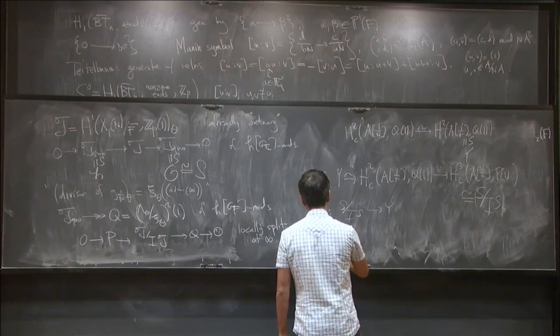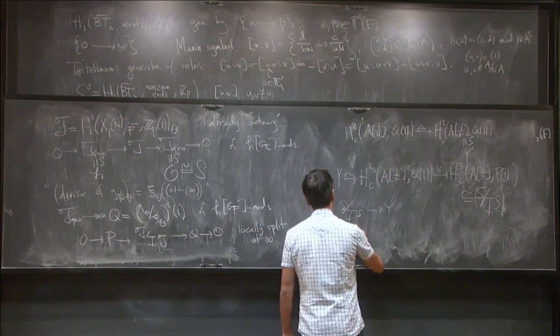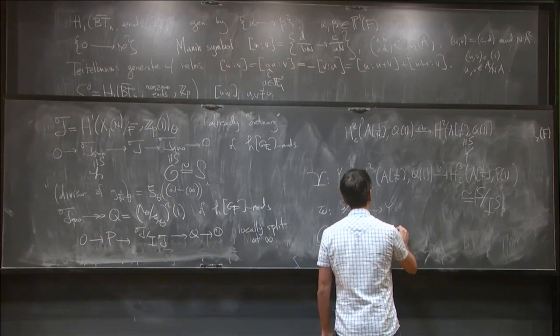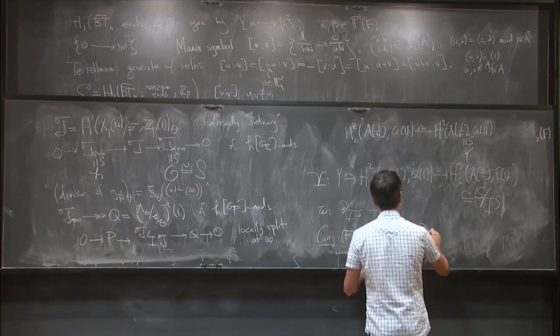And so the conjecture is that var pi and epsilon are inverse.